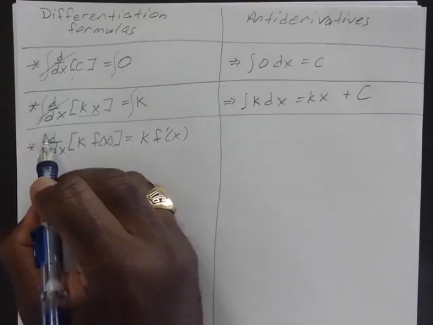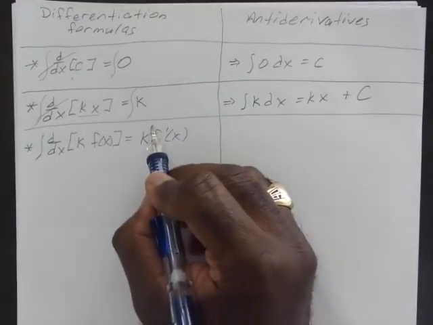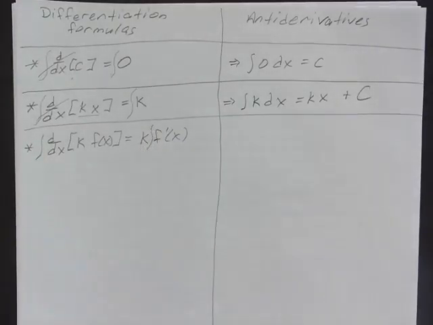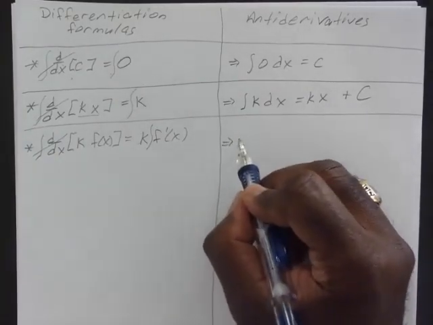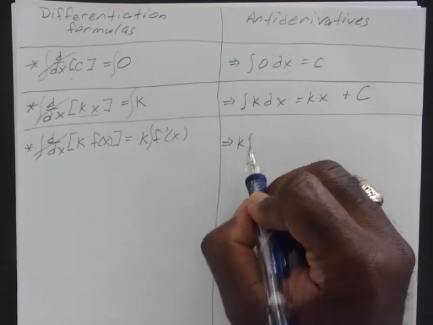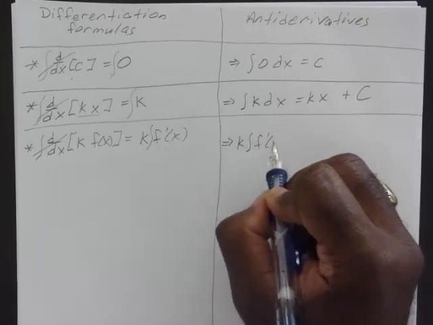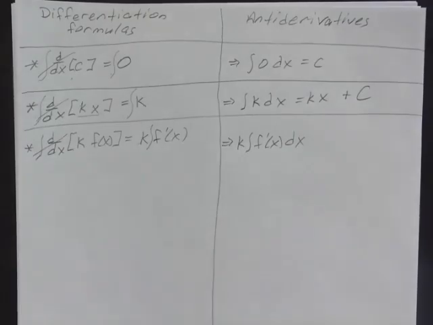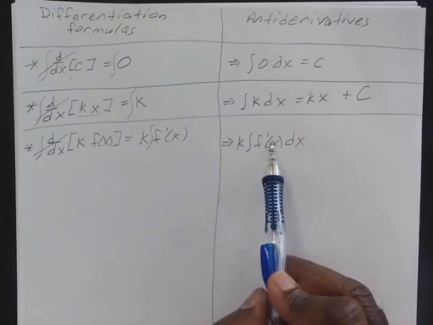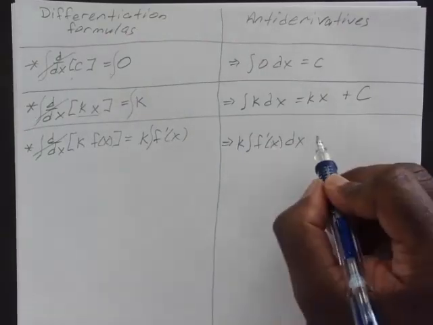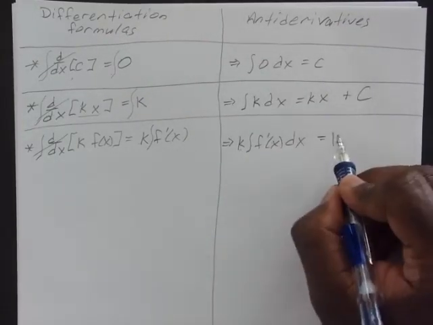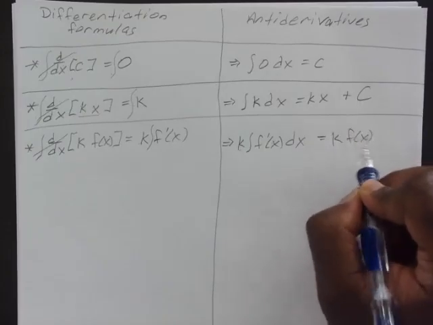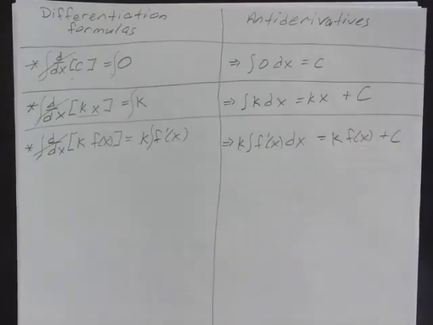So again, if we take the antiderivative of both sides, and I'll factor the k on the right on the other side, the derivative and antiderivative cancel each other out. So we know that some constant k times the antiderivative of our derivative f prime of x with respect to x, then that antiderivative and that derivative cancel each other out again. And that's just equal to that constant k times the function f of x plus C.